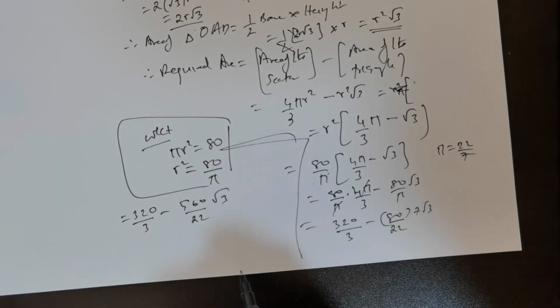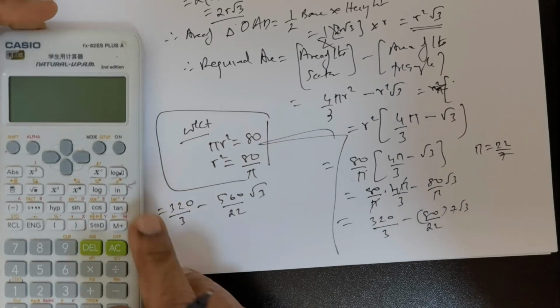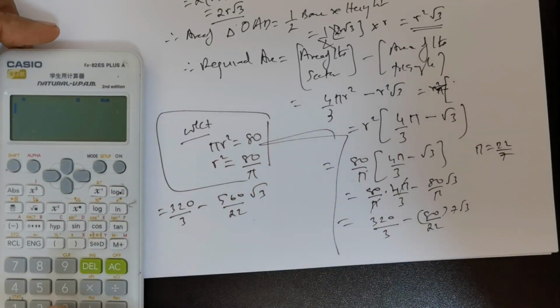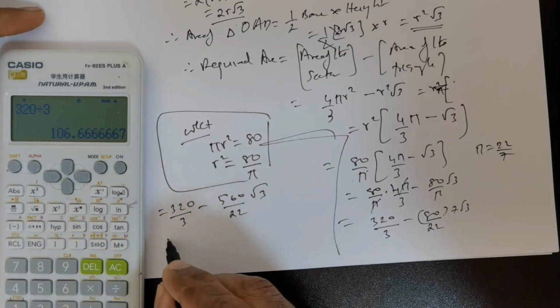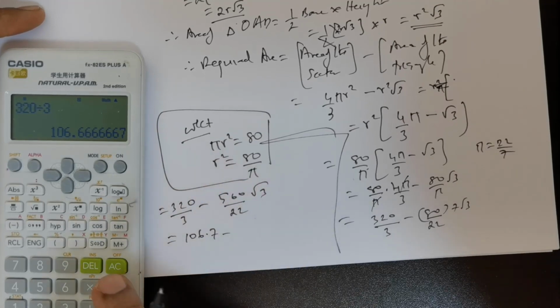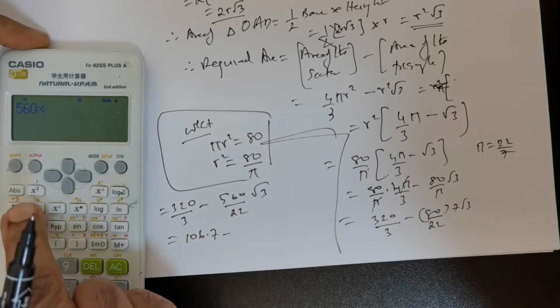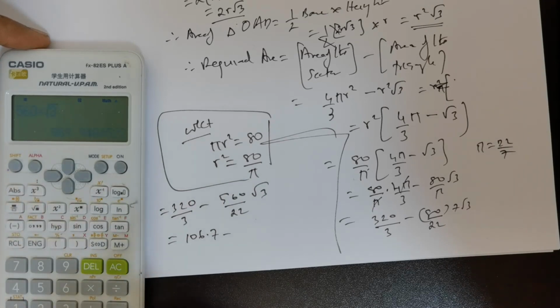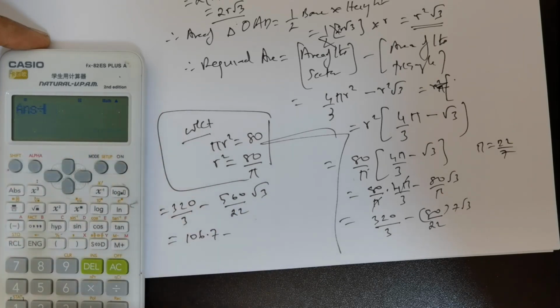Now you can use your calculator, just in case you want a value. 320 divided by 3 is approximately 106.7, minus 560 multiplied with root 3, divided by 22.